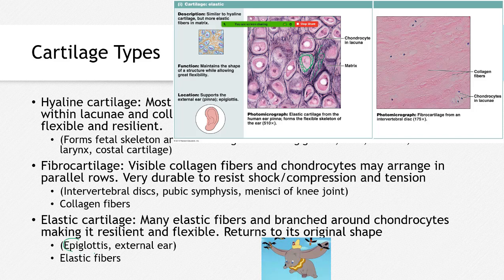The epiglottis is the structure that flaps downwards as we swallow food or liquids, and when it flaps downwards, it prevents food and liquid from going into our larynx, into our trachea, basically. Okay.